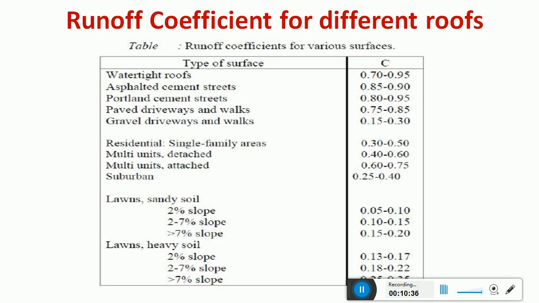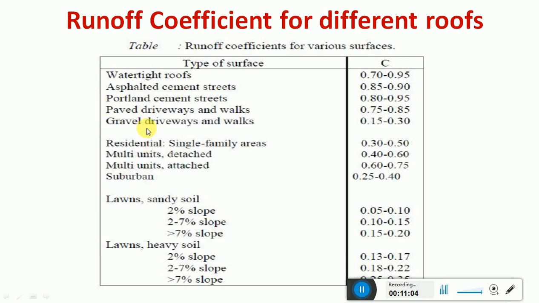For a watertight roof surface, the coefficient of runoff varies between 0.7 and 0.95. Asphalted cement streets vary between 0.85 and 0.90. Cement streets vary between 0.8 and 0.95. Paved driveways and walkways vary between 0.75 and 0.85.